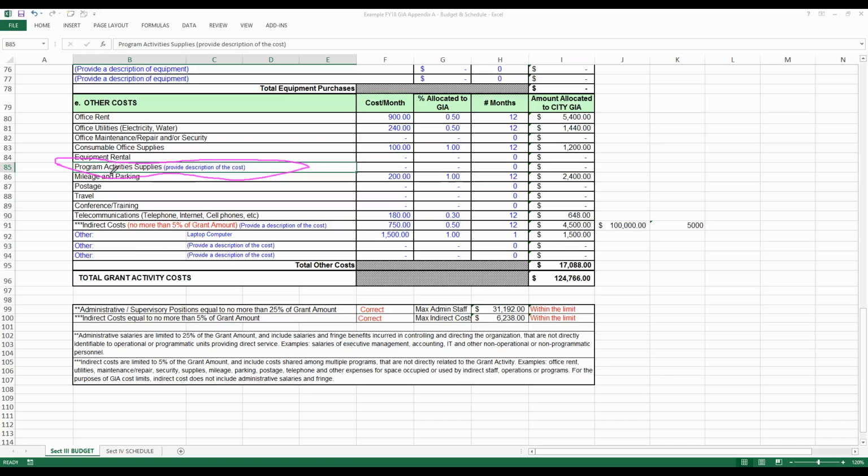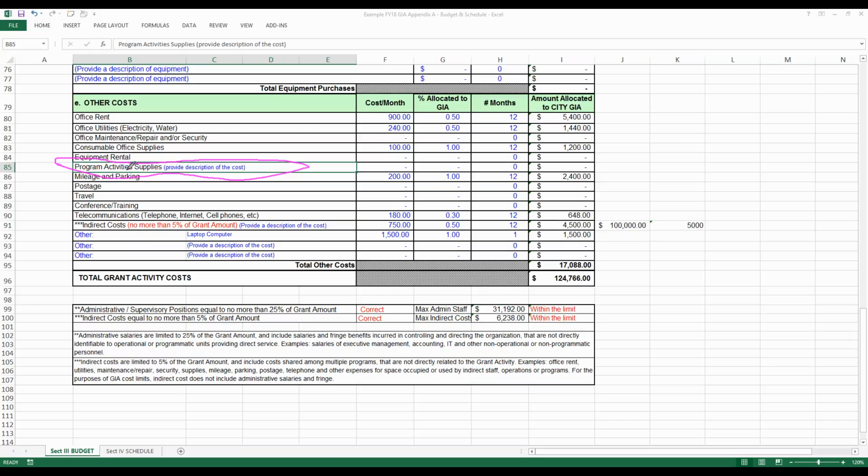You may just use one budget category, program supplies, but if they are very different from each other, then you may want to differentiate.